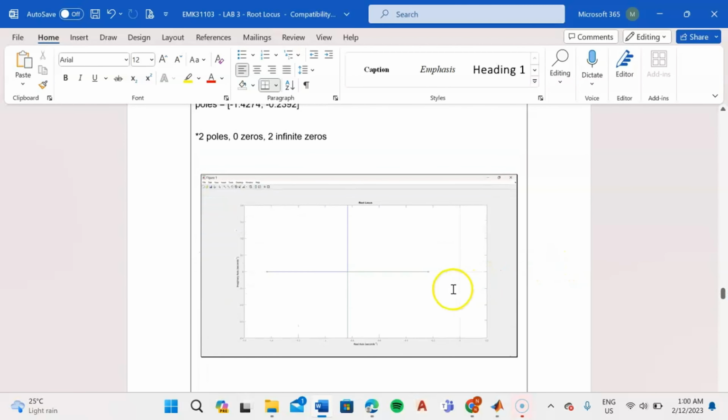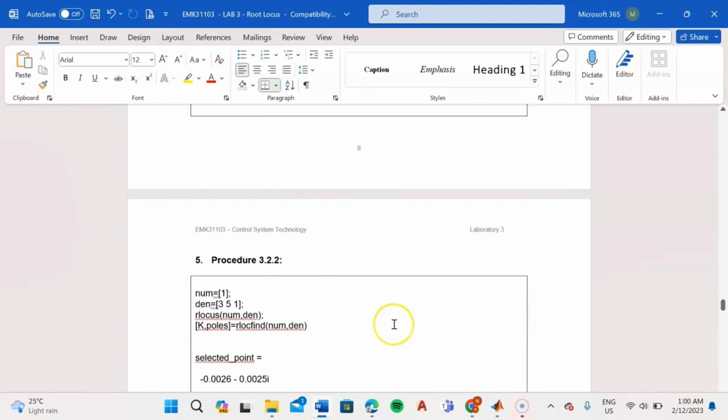Okay. So in here, I got 2 poles, none zeros, and 2 infinite zeros, which is the blue line and green line.